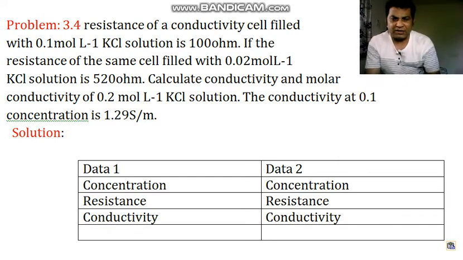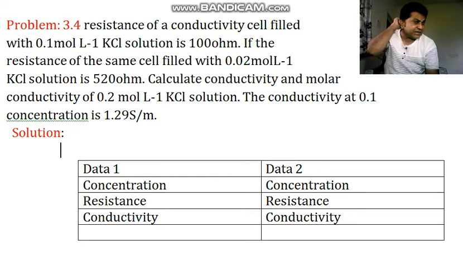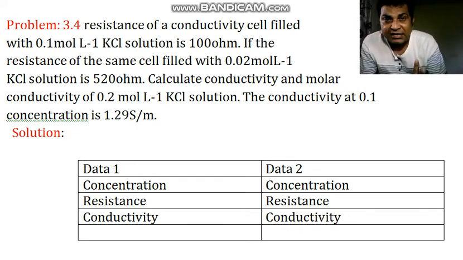I have taken one table for you that might guide you well. Here is the table, data 1 and data 2, because we have seen that two sets of data are given, and that's why we are carrying out with the two data.